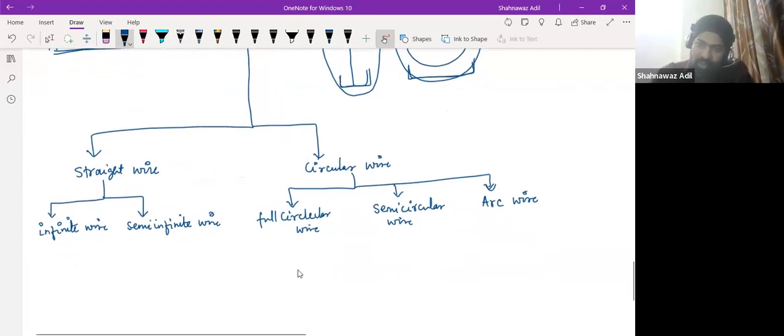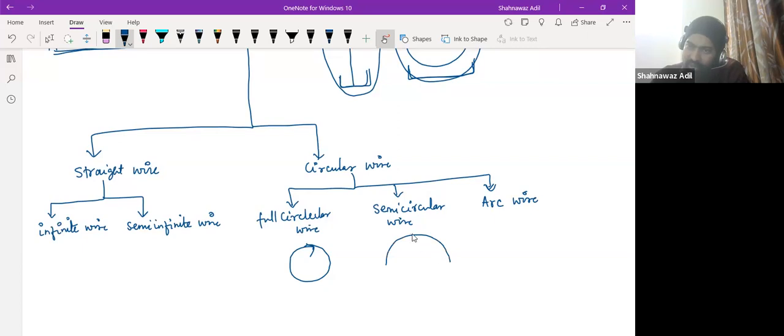What is a full circular wire? A wire which is a full circle. A semicircular wire is this kind of wire. And the arc wire is when you bend some wire so that it makes some arc of the circle. So these are the three shapes you can have, and for the straight wire you can have two cases.